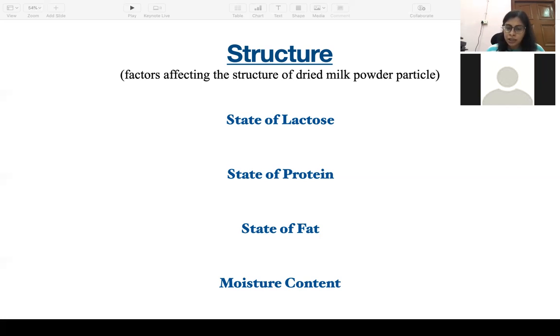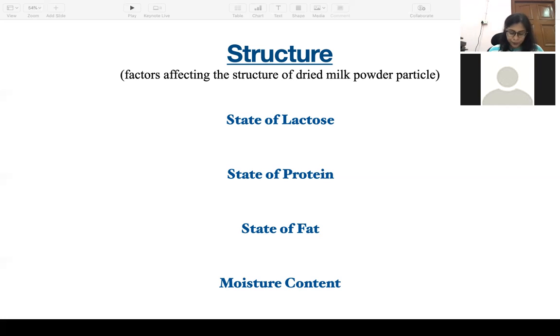We discussed this just a while ago. Now, why does this happen? Because the globules containing fat rupture while milk is poured on the hot drum. And while it is scraped out using a knife, these globules form big fat particles, which are the free fat particles.